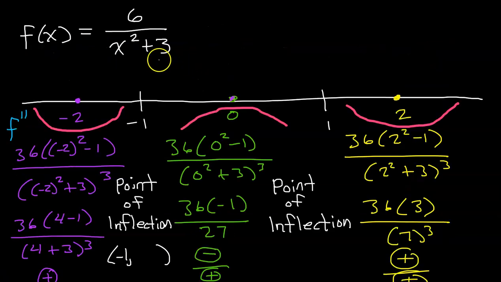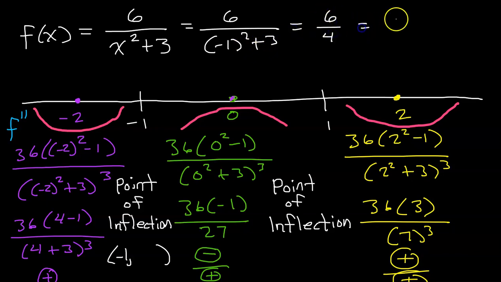So remember, this is what the original function looked like, 6 over x squared plus 3. Evaluating at negative 1, this is going to become 6 over negative 1 squared plus 3. So that'll be positive 1 plus 3, so that'll be 6 over 4, which is 3 halves. So negative 1 comma 3 over 2.